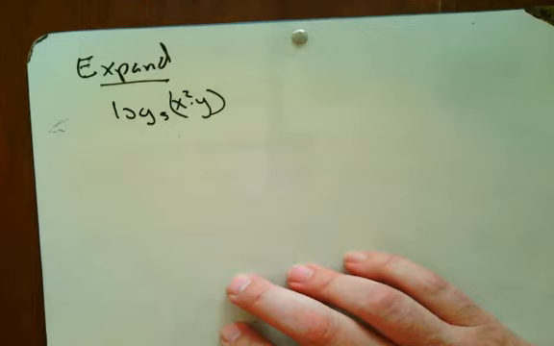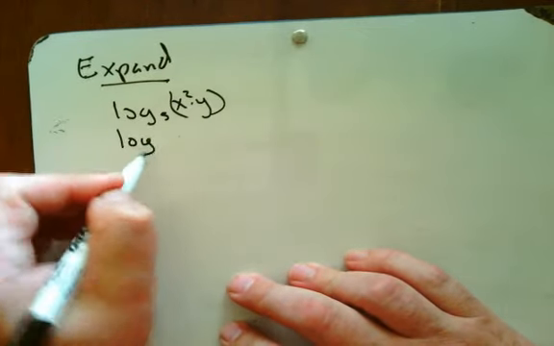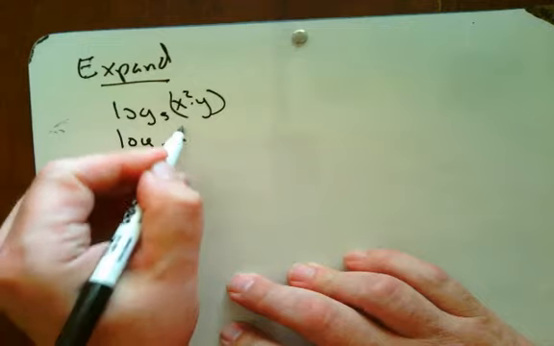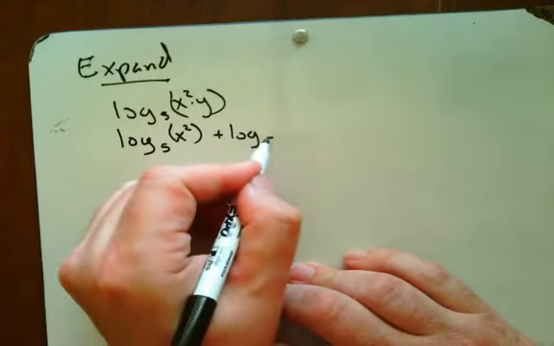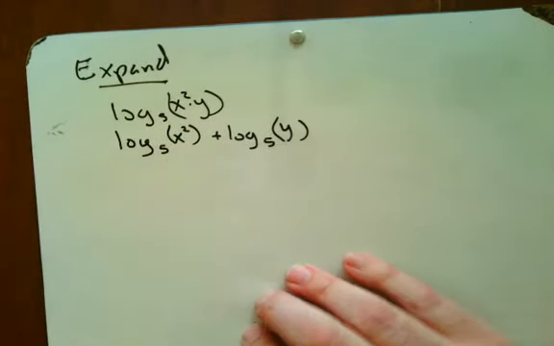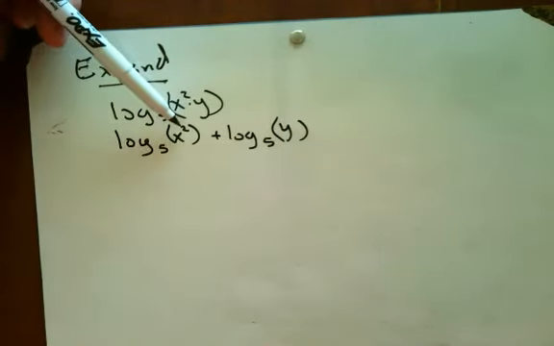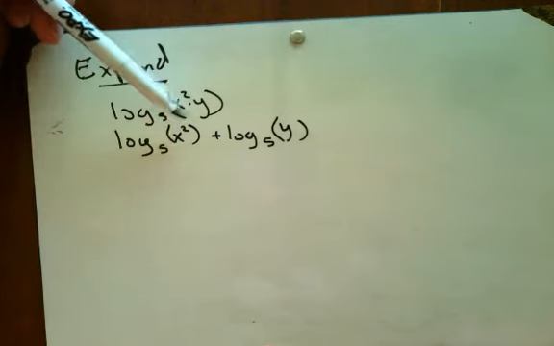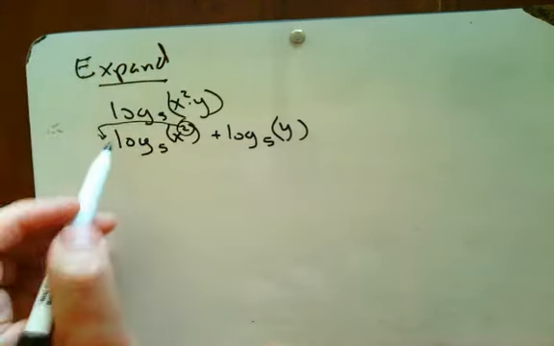Okay, so log base 5 of x squared y. The directions are to expand. Well, I see 1 log with multiplication between 2 things here. And so I think to use the product property, and first, to rewrite this as 2 separate logs joined with addition. And that looks great.